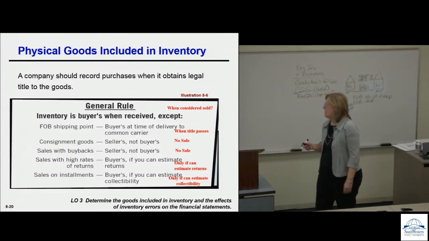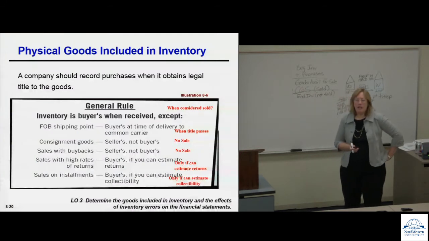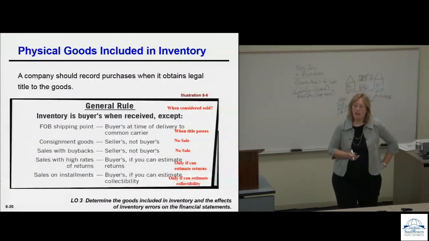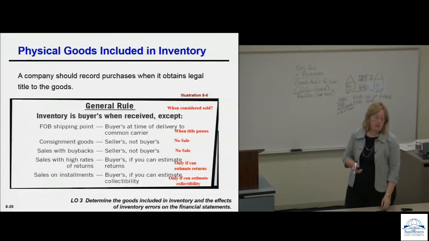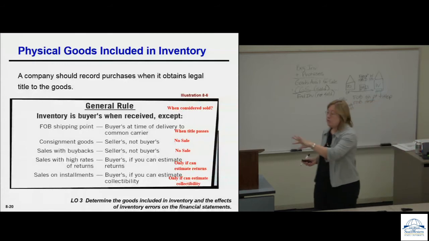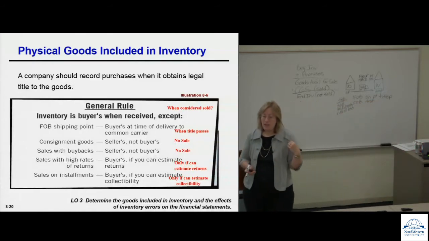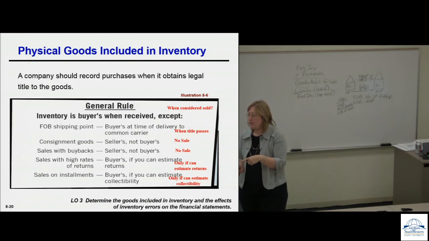Now the thing is, sometimes with the bookstore here, I imagine they know what percent they're going to return. The question here is, when the bookstore buys books from Wiley, who's our publisher, right? When the bookstore buys the books from Wiley, does Wiley record a sale knowing that a whole ton of them are going to be returned?